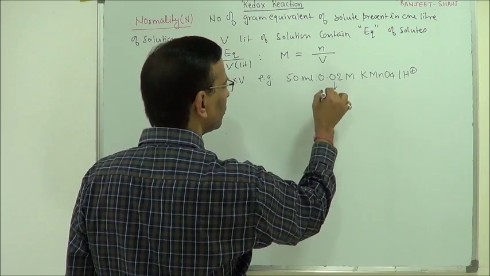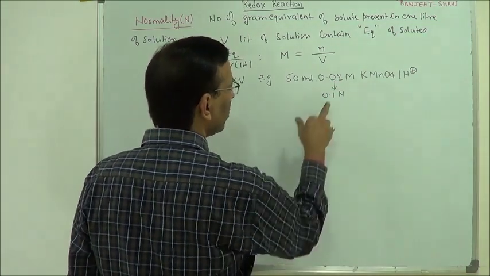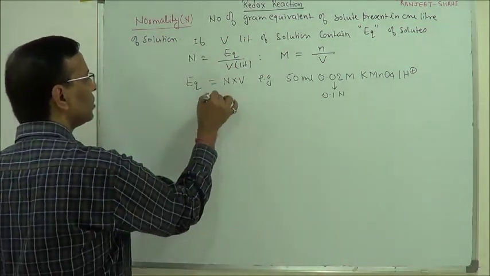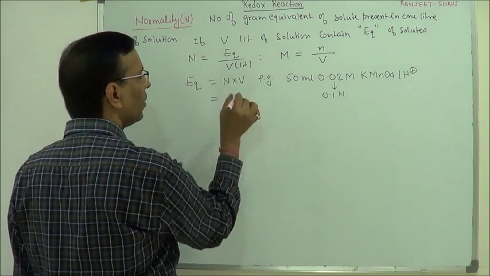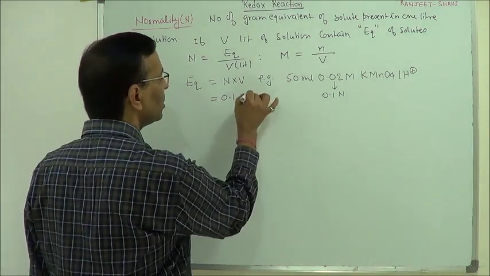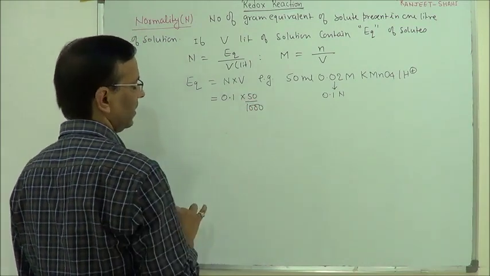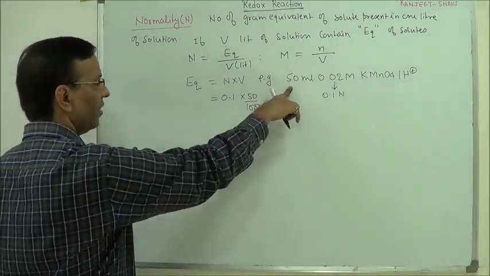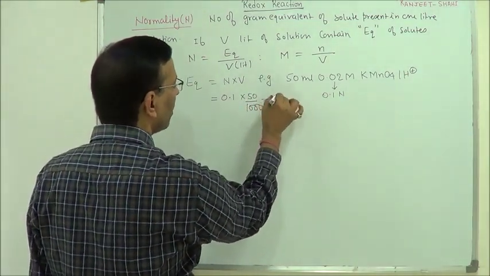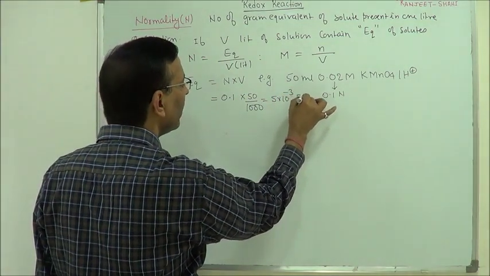So 0.02 into 5, it is 0.1 normal. And normality multiplied by volume gives the number of equivalent. So it would be equal to normality 0.1 multiplied by volume, which is 50 upon 1000 liter. It is milliliter. So it will be 5 into 10 raised to the power minus 3 equivalent.